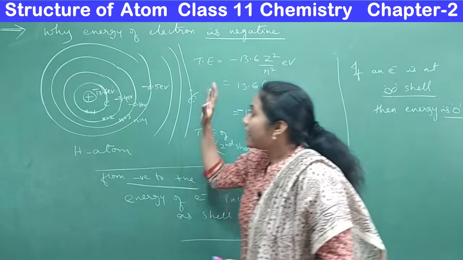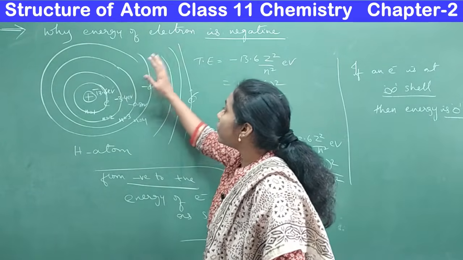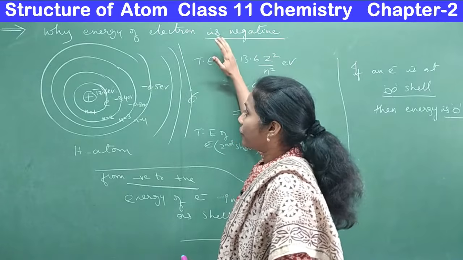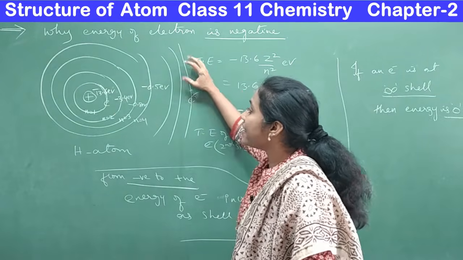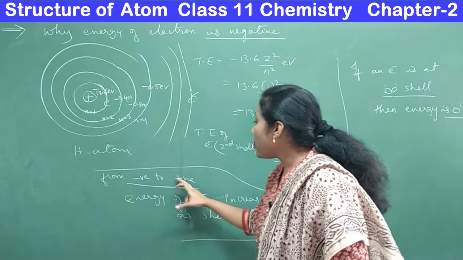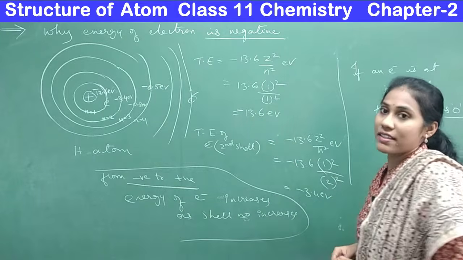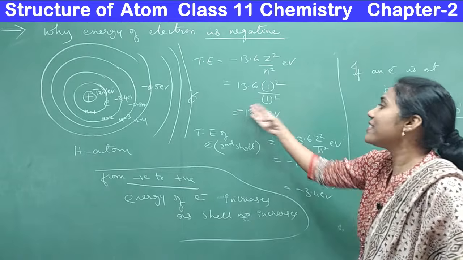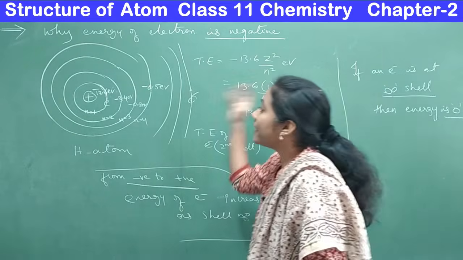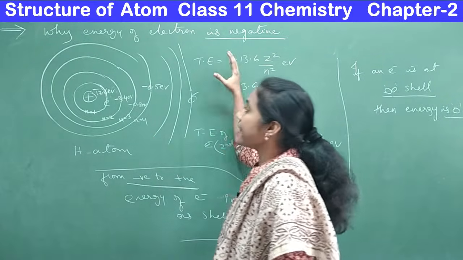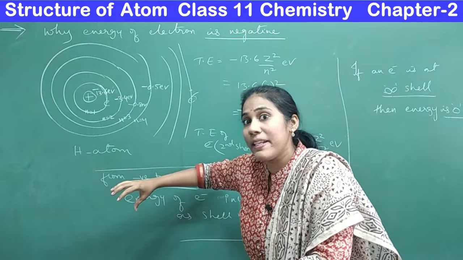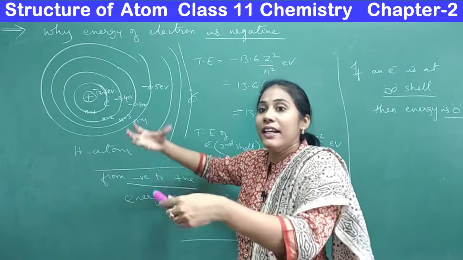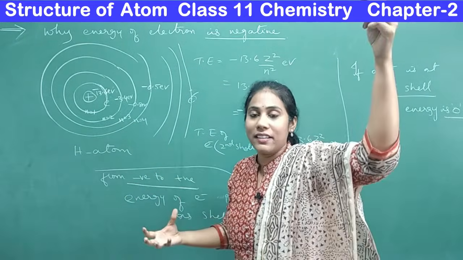Say as you go from one energy level to another, as the energy level increases, the energy of the electron increases. Is that clear? So that is the reason you have this negative sign. It means the negative value is decreasing. Negative value decreasing means what? Actually, the value is increasing, right?